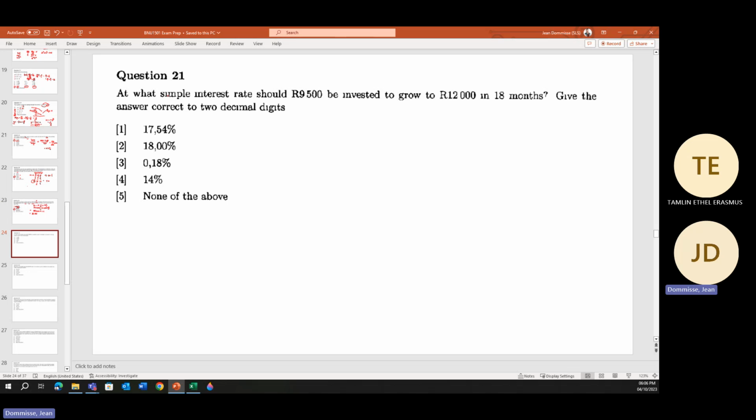But now what they've done is asking a simple interest rate question, but you need to work out the interest rate this time.